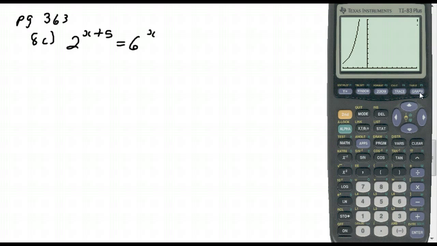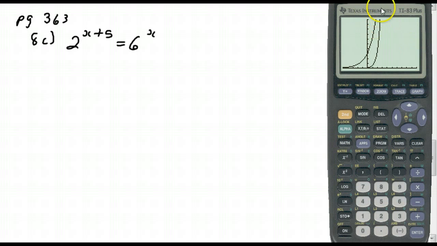See what we get. Okay, I don't think I'm quite high enough in my window on the y, so let's take y max and make it maybe 100, and we'll go by tens and graph. So there's 2 to the x plus 5, and here comes 6 to the x.